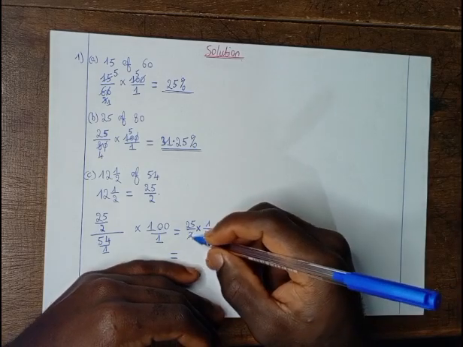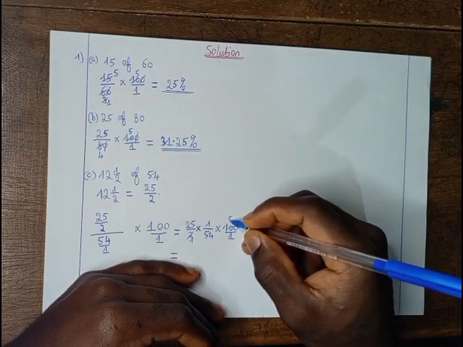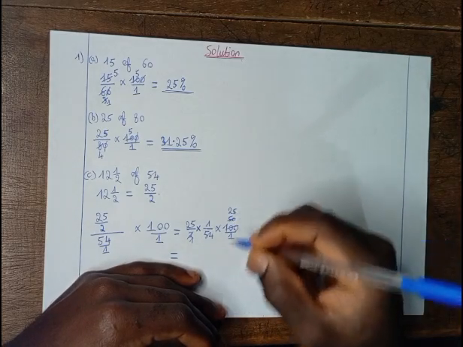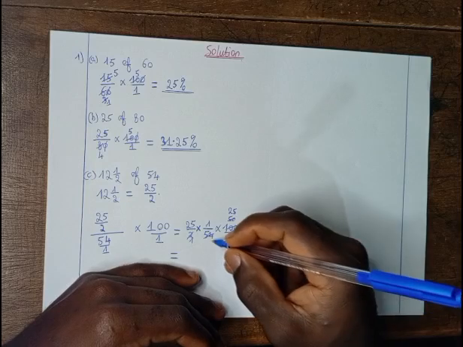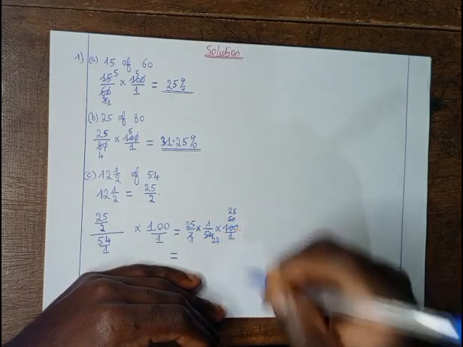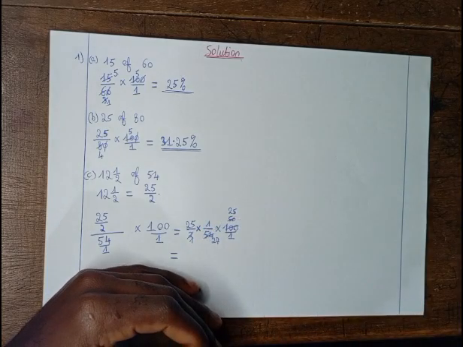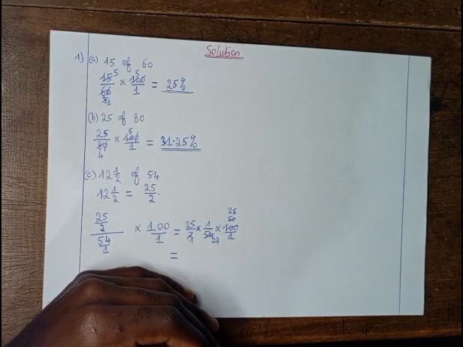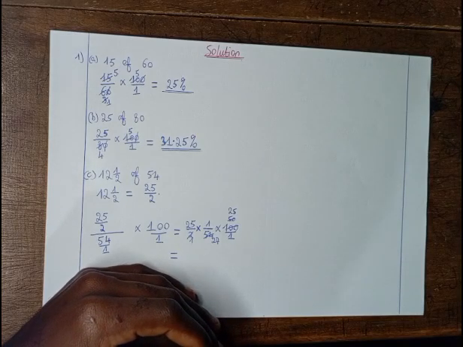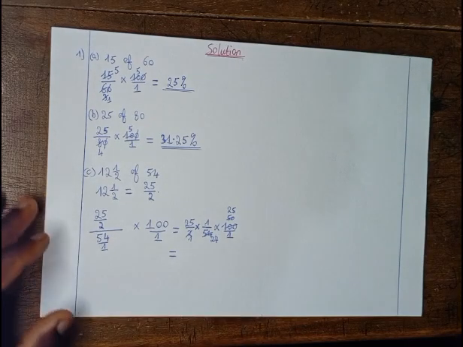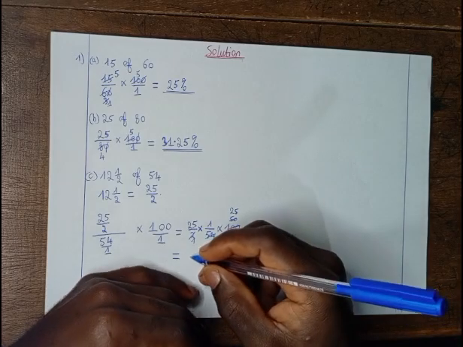We know 2 will go here 1 time, 2 will go into 100 50 times, 2 will go into 50 25 times, 2 will go into 54 27 times. Next, if you take 25 times 25, it will simply be equal to 625. 625 divided by 27 will give us 23.15 to two decimal places.